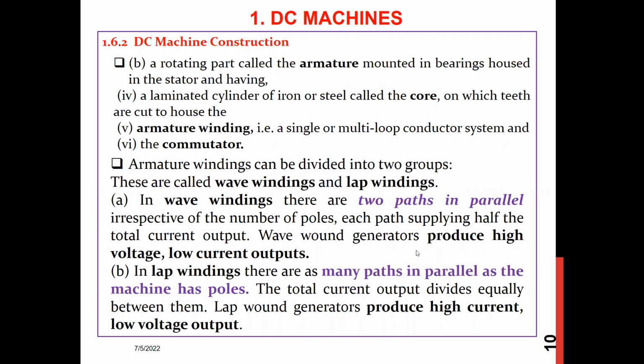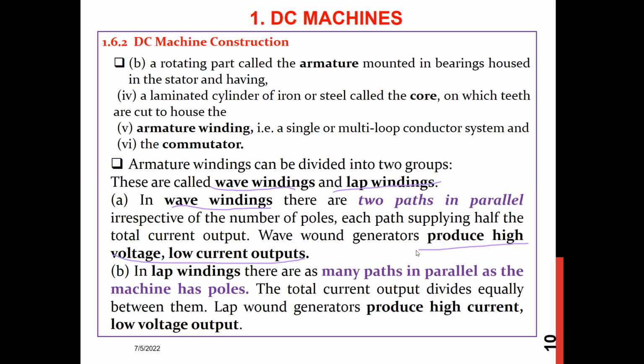So the armature windings can be divided into two groups: the wave windings and the lap windings. In wave windings, there are 2 parts in parallel, irrespective of the number of poles, each part supplying half the total current output. Wave wound generators produce a high voltage but low current outputs.